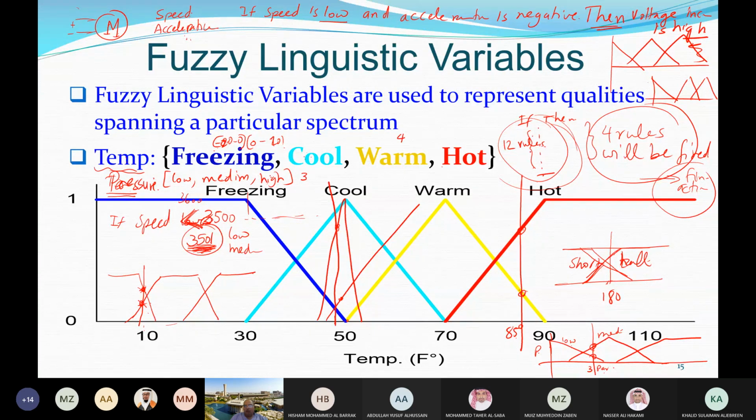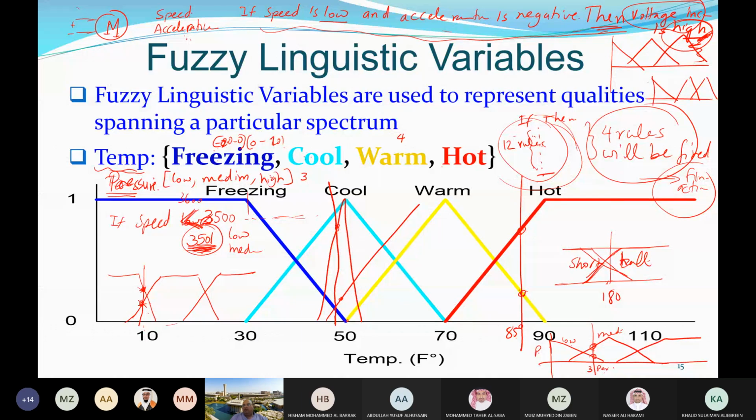to if-then rule. If the speed is low and the acceleration is negative, then, so you evaluate this rule. And when you evaluate this rule, the output will be how much the voltage increases. So you can say, yes, I will take the action, the voltage is high.